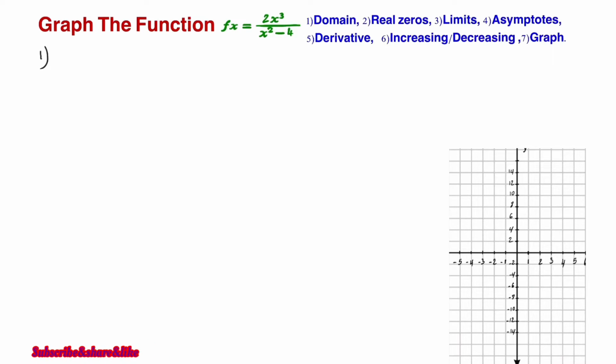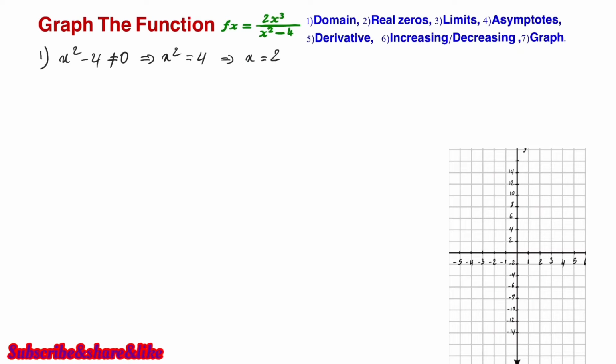So let's do that. x squared minus 4 shouldn't be equal to 0. Therefore, x squared shouldn't be equal to 4. So it's going to give us that x shouldn't be equal to 2, and x shouldn't be equal to minus 2.